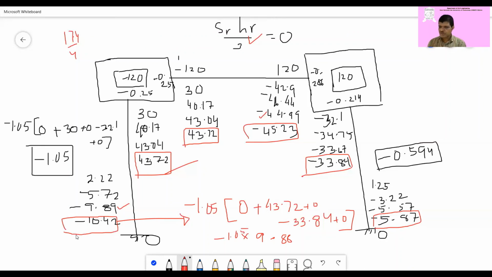So we can calculate this value. And for this side, instead of 1.05, you have to multiply by 0.5, so we can use this divided by 1.05 multiplied by 0.594. So this is how we will do the calculation for these moments.